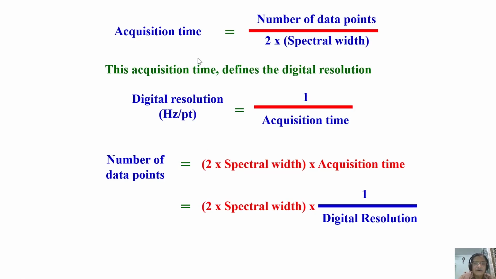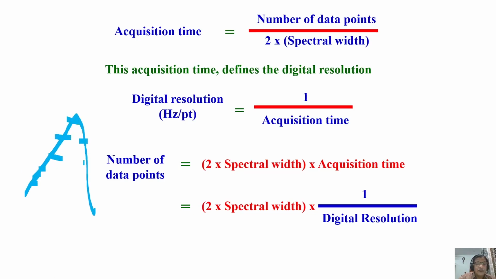See, NMR data, when it is collected in the time domain, it is digitized. After Fourier transformation, you will see the frequency domain is also digitized. When you are digitizing the time domain data, how many times do you have to digitize? Let us say there is a free induction decay. I have to start collecting the signal at different points like this.